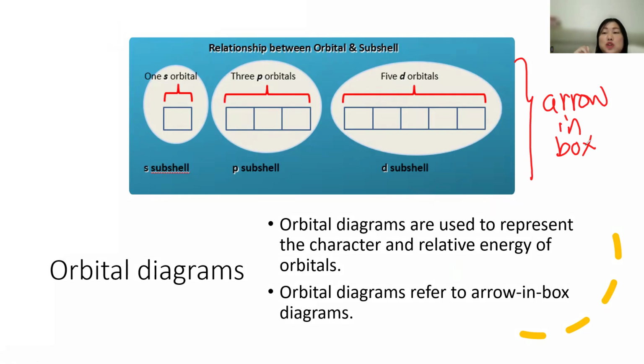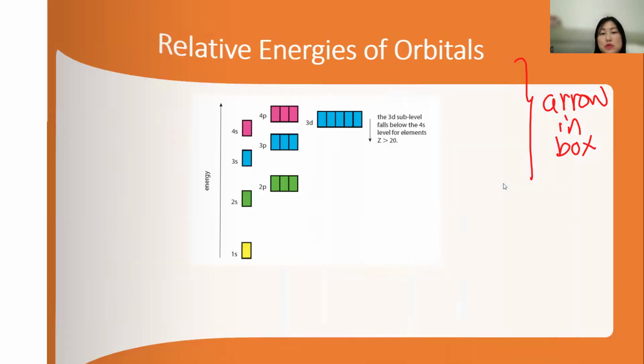But if the question says draw the orbitals, then you draw the orbitals, spherical and so on. If they want you to put the electrons inside the orbitals, they will call it an arrow in box diagram. They don't really call it an orbital diagram. Instead of using a dumbbell or spherical shape, we just use square boxes to represent the orbitals so that it's easier to draw.